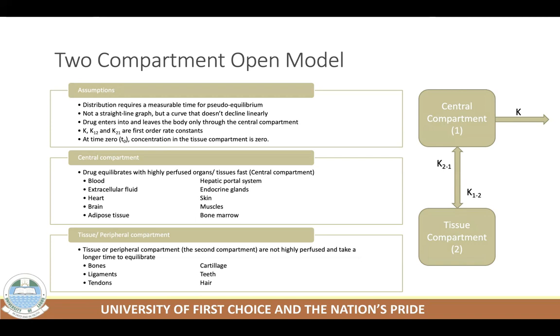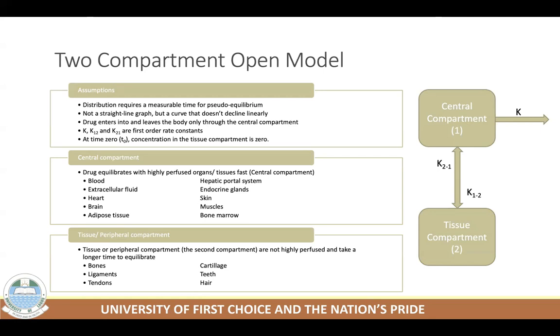But there is another compartment, which is signified by that second phase in your semi-log plot. That will show adequately that there is a slower equilibration, that's a slower movement of drugs into the tissue compartment.